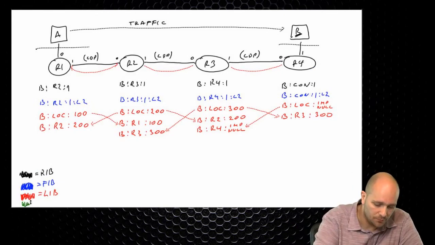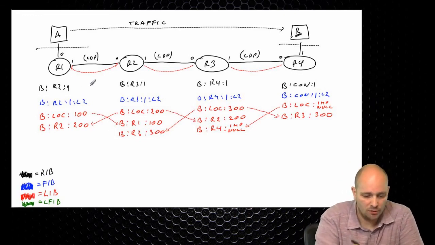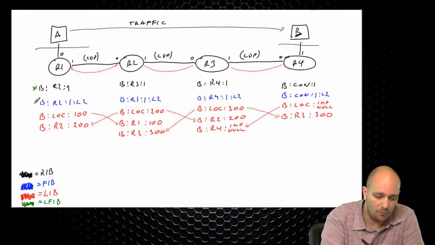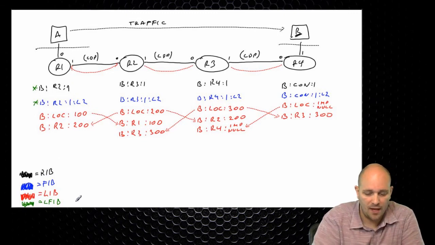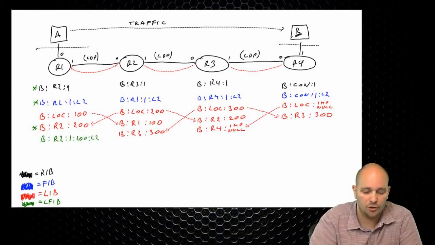This here is going to be the LFIB. We take the information from the RIB and from the FIB, and we build the entry that B can be reached through R2 out of interface 1 with label 200 using the following layer 2 parameters.